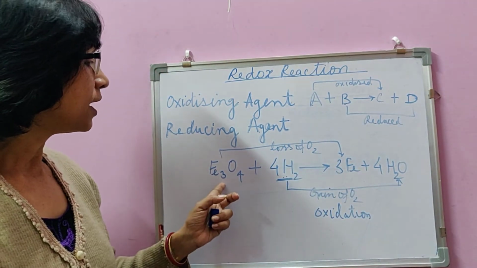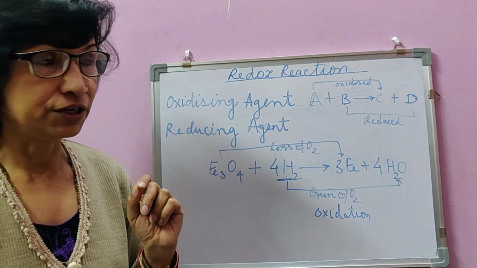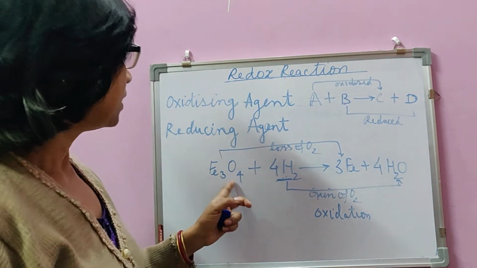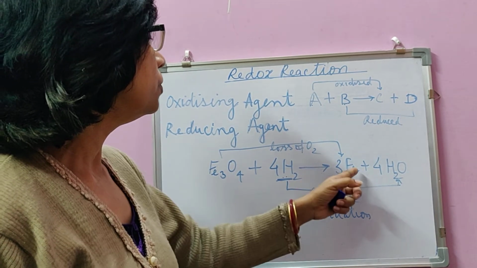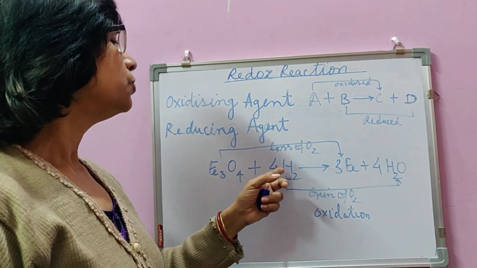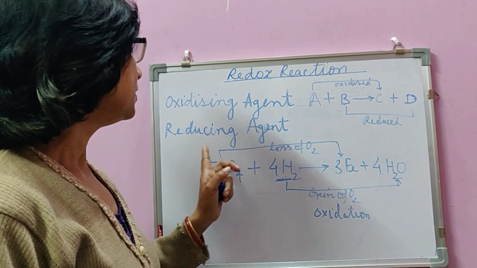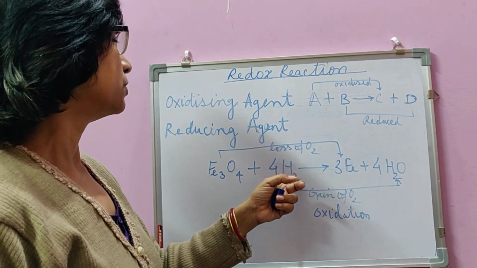So ferric oxide is acting as oxidizing agent. When ferric oxide lost oxygen to reduce to iron, it gave that oxygen to hydrogen to get oxidized. So ferric oxide itself gets reduced, but it helped the other one to get oxidized.